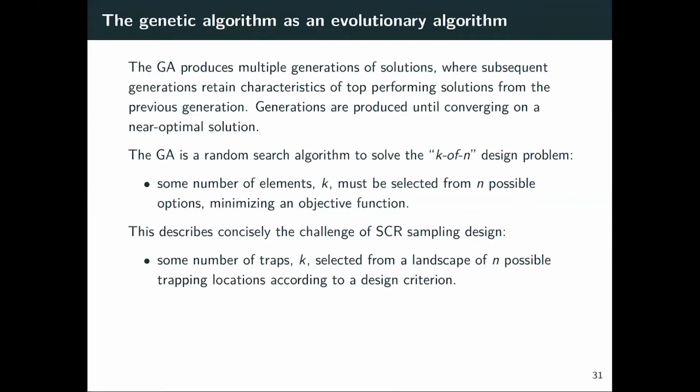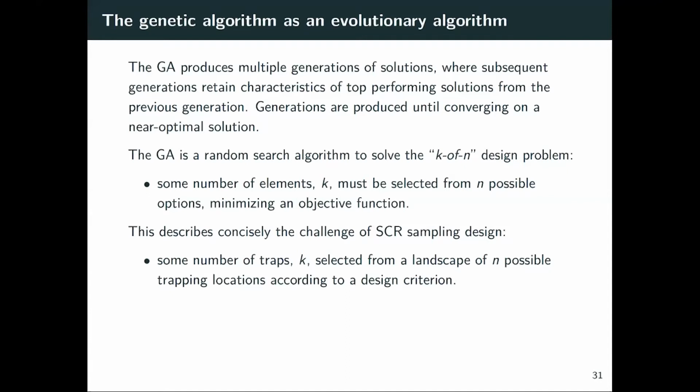As a broad overview, it produces multiple generations of solutions, or iterations, where subsequent generations retain characteristics of top performing solutions from the previous generation. Those generations are produced until converging on a near optimal solution. Within each generation, there is a population of solutions, and that's something we'll get to in the next slide about hyper tuning these algorithms.